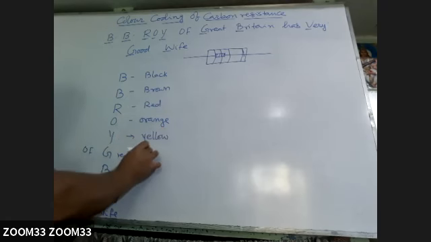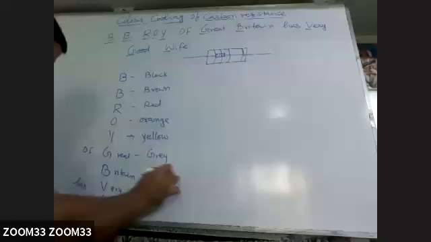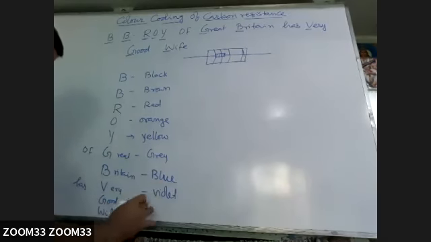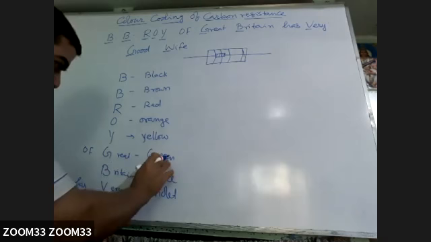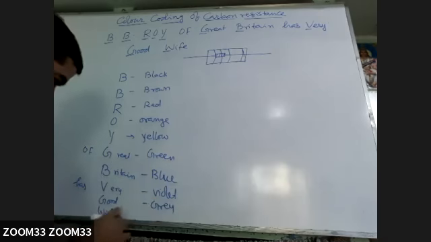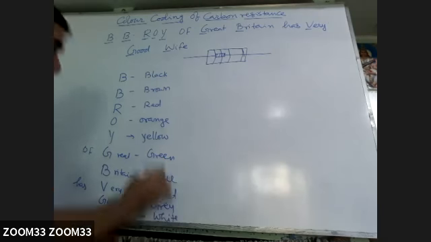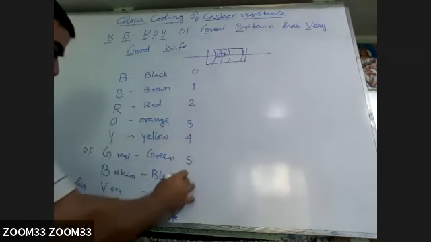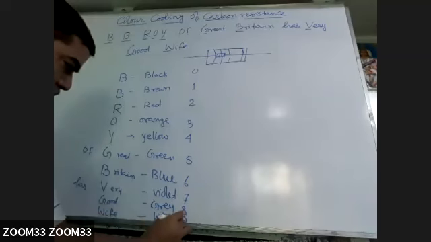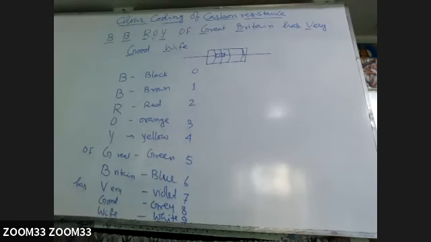So they have values 0, 1, 2, 3, 4, 5, 6, 7, 8, 9. So this code we have to know.